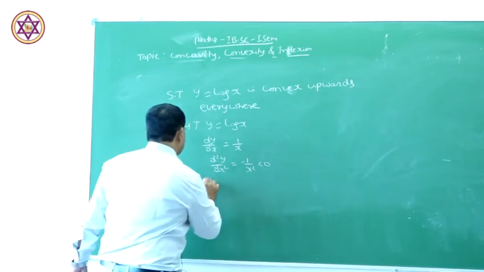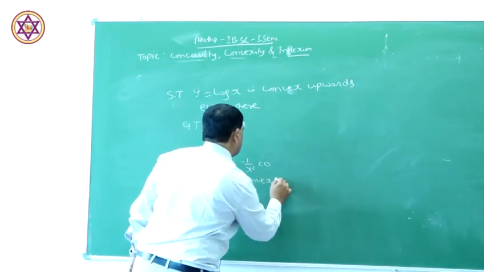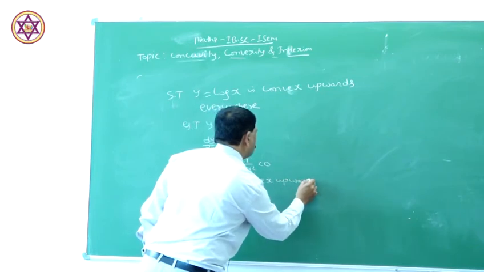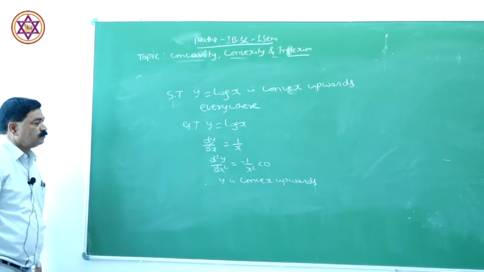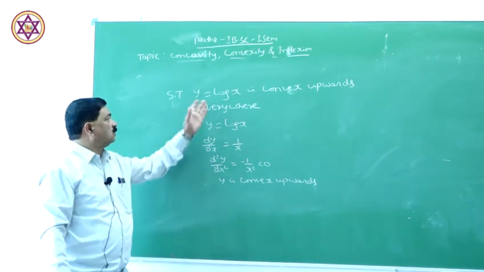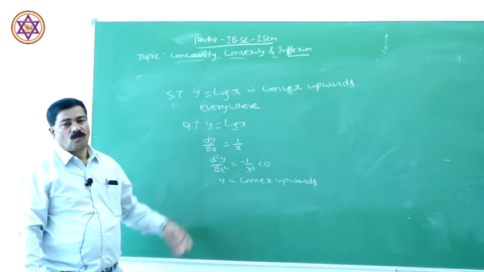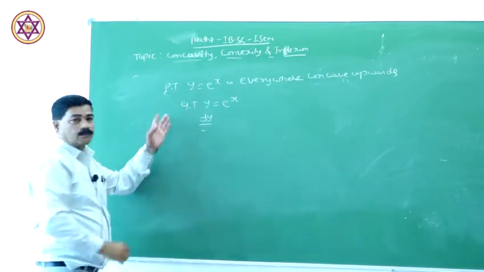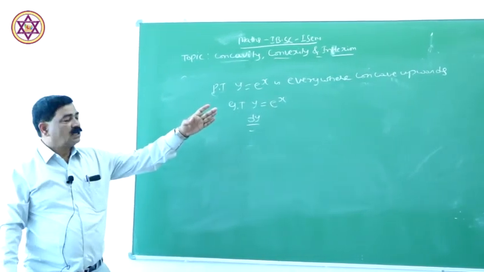Therefore y is convex upwards. Y is convex upwards or concave downwards, both are same. That's all. Next, prove that y is equal to e power x is everywhere concave upwards.